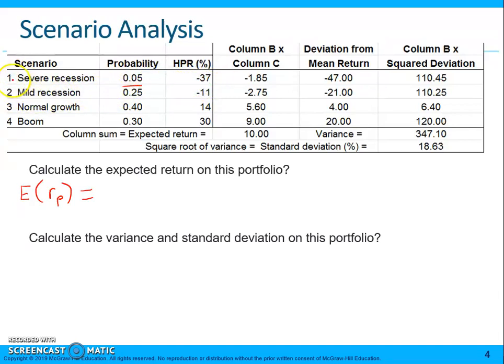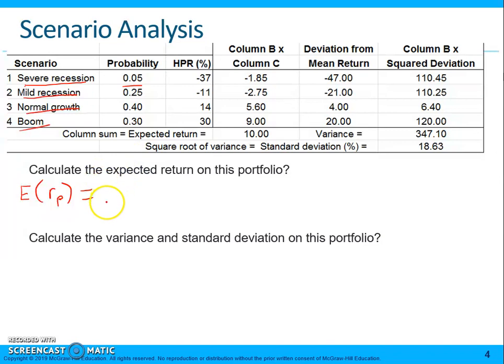So we've got four outcomes here: severe recession, mild recession, normal growth, and boom. Those respectively have a probability of 5%, 25%, 40%, and 30%. Their respective returns are a loss of 37%, a loss of 11%, a gain of 14%, and a gain of 30%.